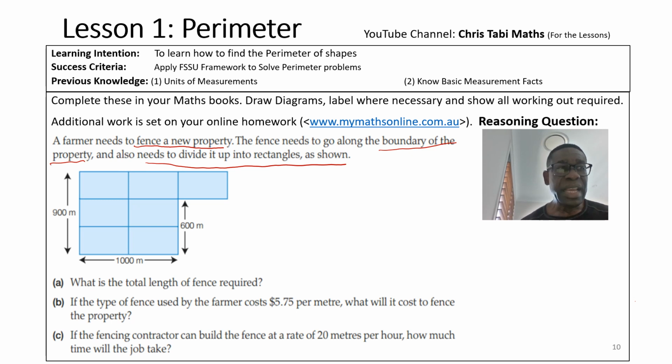So in this case, it's not just around the property, but also needs to go along all those rectangular boundaries. So the first question, A, is, what is the total length required?